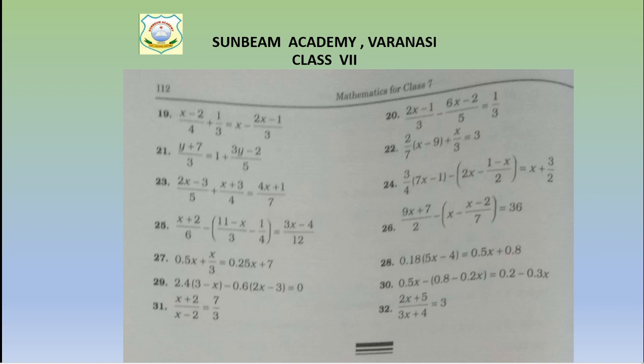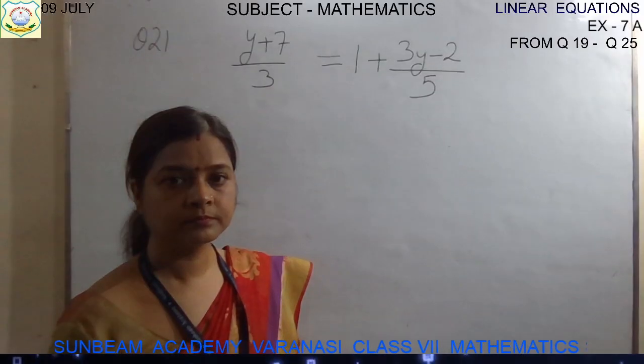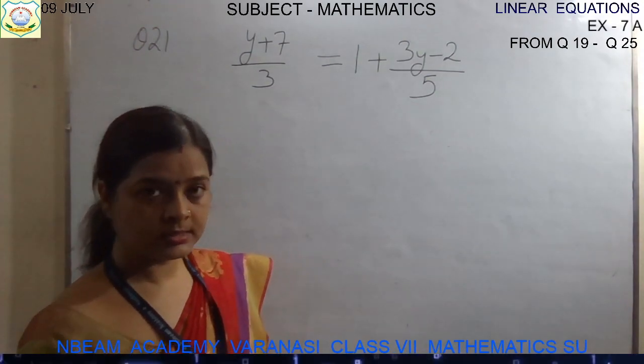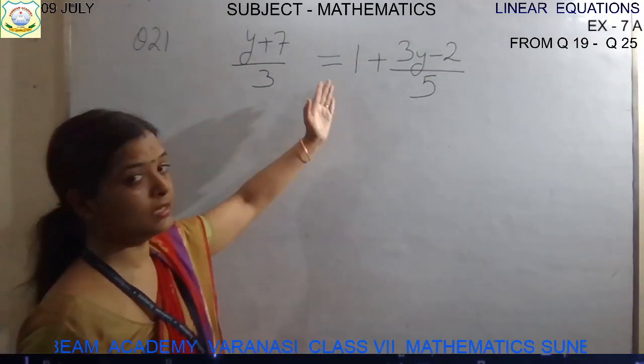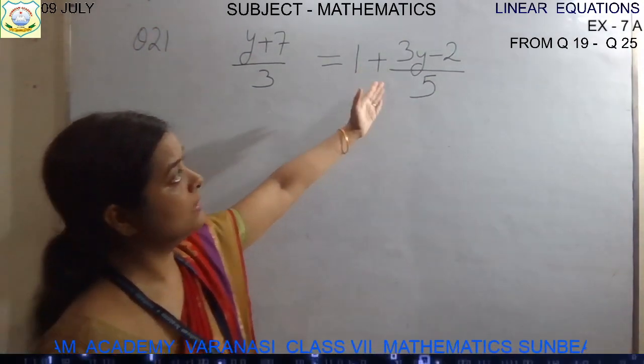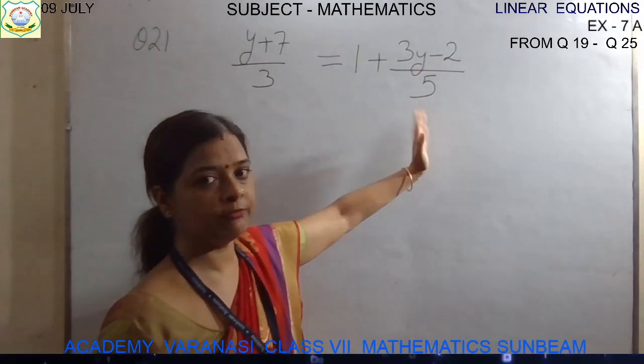Children, I am writing it on the board and you should also write it in your notebook. Are you writing it, children? I hope you all have written it. Let's see the board. The question is y plus 7 by 3 is equal to 1 plus 3y minus 2 by 5.